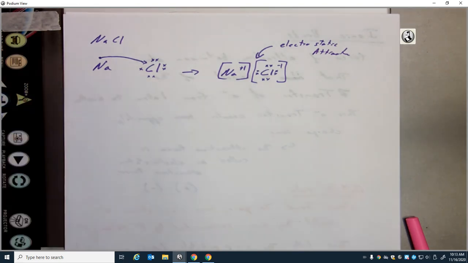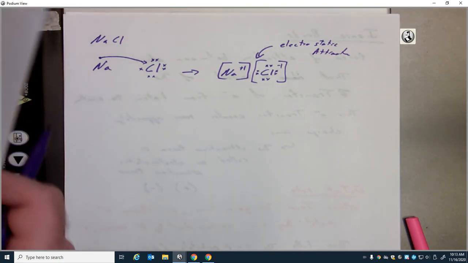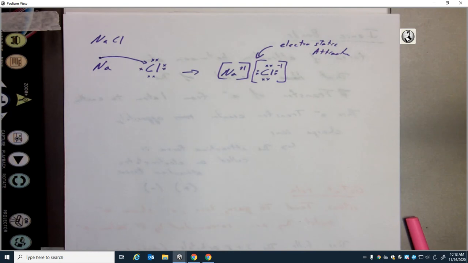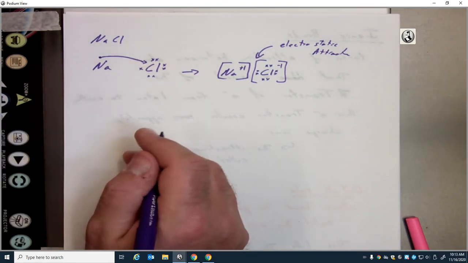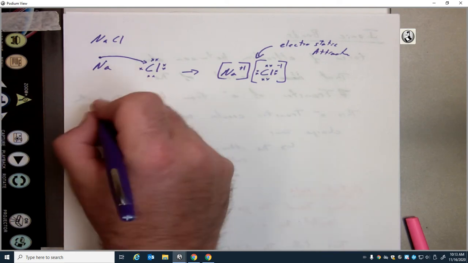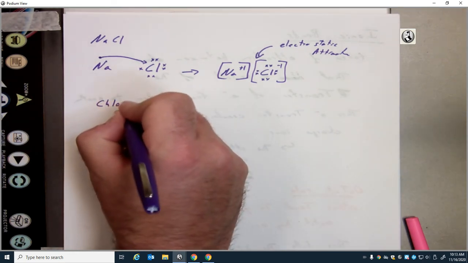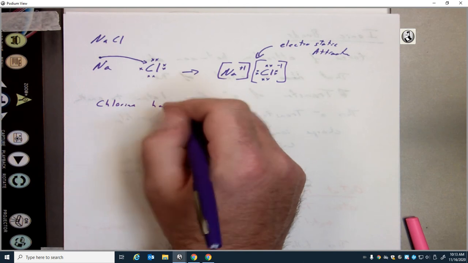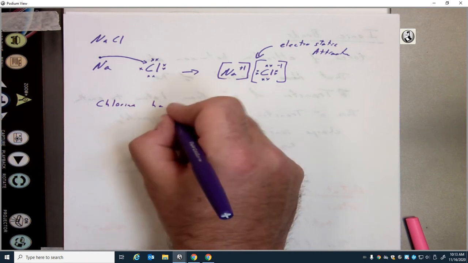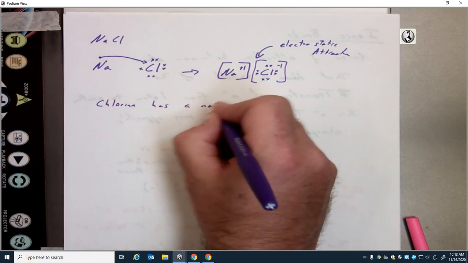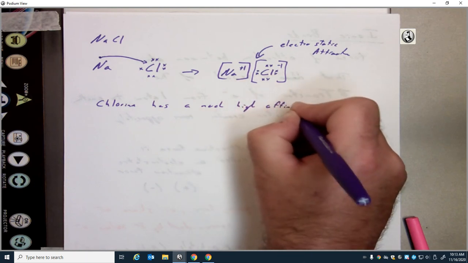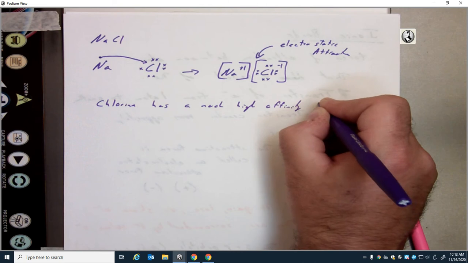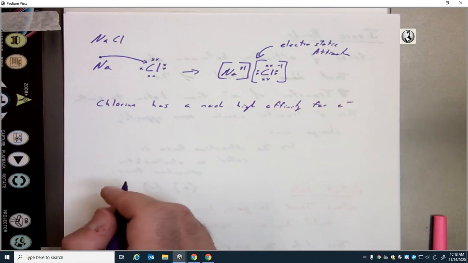All right, now, if we talk about some things that we talked about in chapter 7. So chlorine has a much higher affinity for electrons.